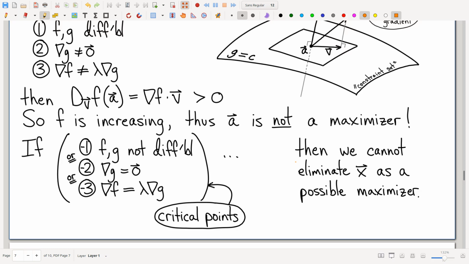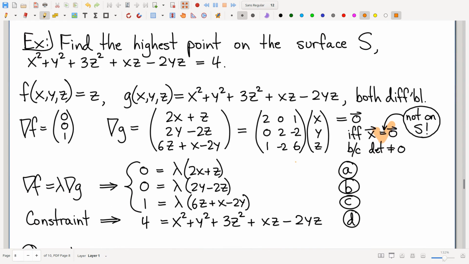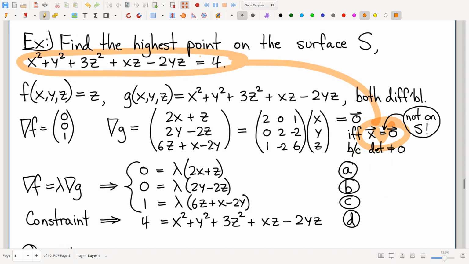It was never on the table in the first place, right? So don't forget, if you find a point that satisfies the degeneracy condition, it doesn't matter unless it's actually on your set. And the origin does not satisfy that equation, so this is not a critical point because it's not even allowed in the first place. That makes sense to everybody?